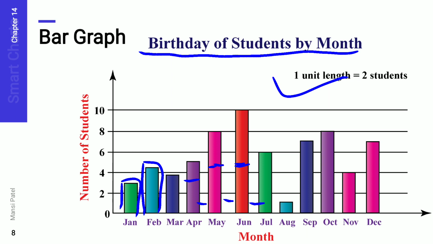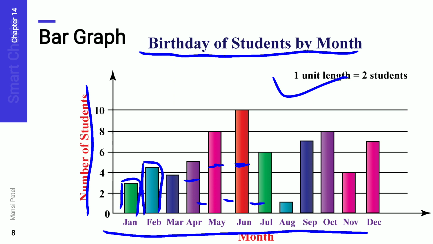Then this is the month and this is the number of students. These all are the different parts of this bar graph. Without these parts, our bar graph is incomplete.